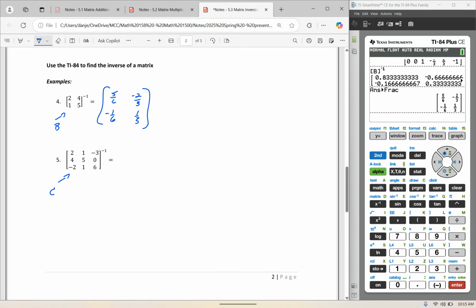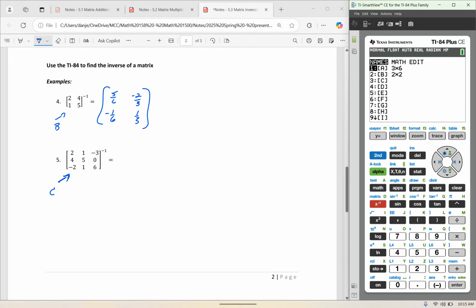Again, just because of the mess I have in my calculator, I'm going to put this matrix, the 2, 1, negative 3, 4, 5, 0, negative 2, 1, 6, in for matrix C. So I'm going to edit matrix C to be the 3 by 3 matrix, 2, 1, negative 3, 4, 5, 0, negative 2, 1, 6. Quit.